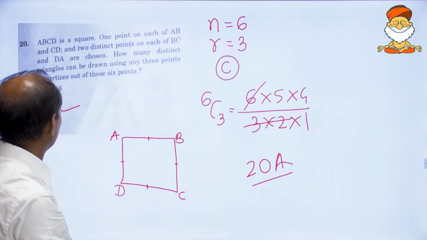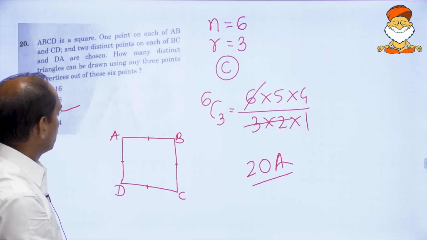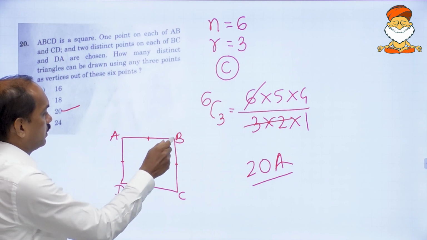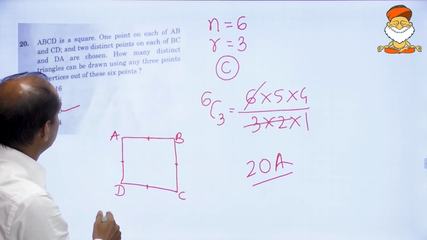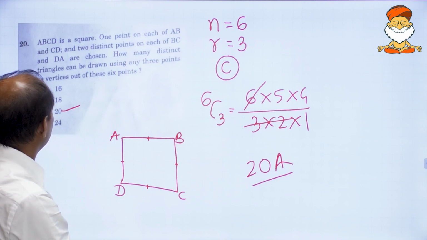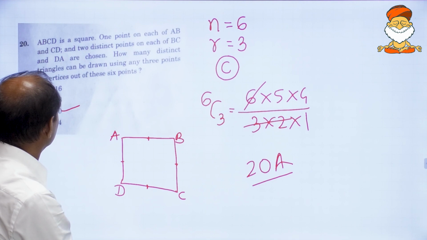How many distinct triangles can be drawn? These are the 6 points you have got. 1, 2, 3, 4, 5, 6. How many distinct triangles can be drawn using any 3 points as vertices out of these 6 points? Right?